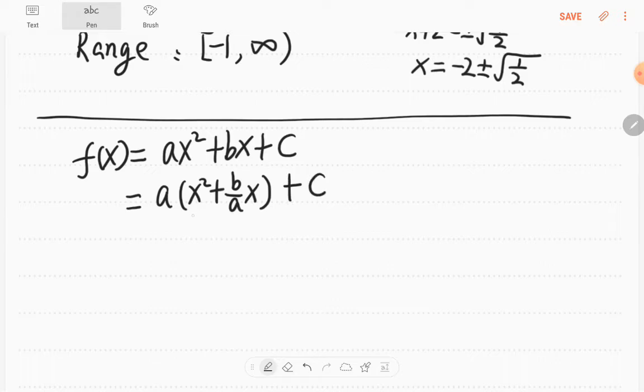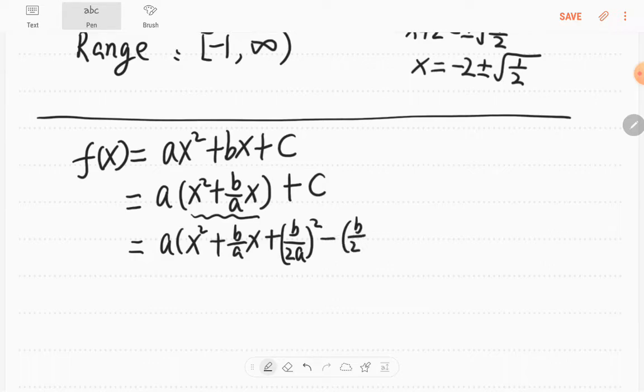Then we do a completing square for these two terms. So we add a number, which is half of b over a, so b over 2a, squared. Then we subtract the same number, b over 2a squared. Then plus c.